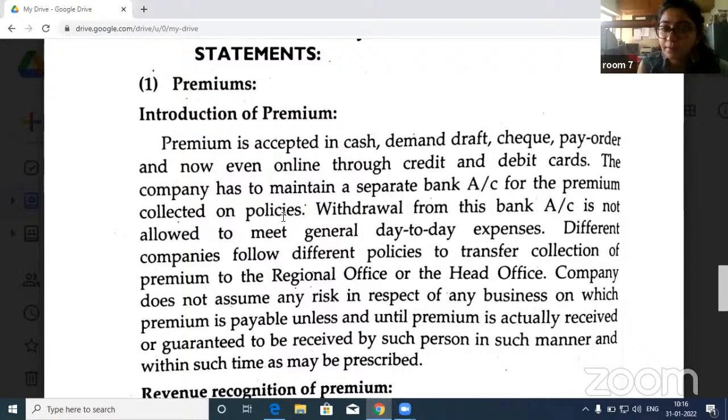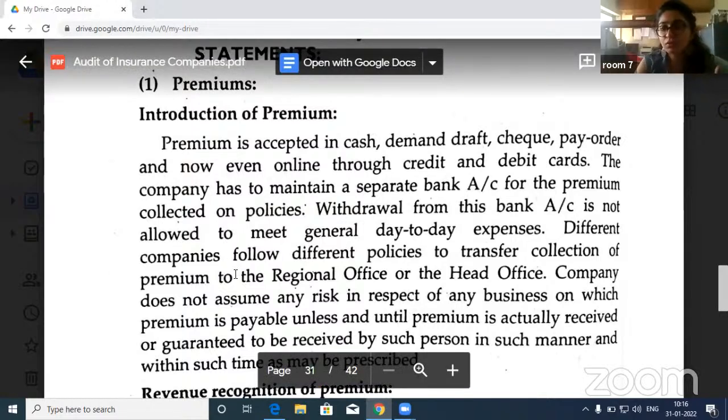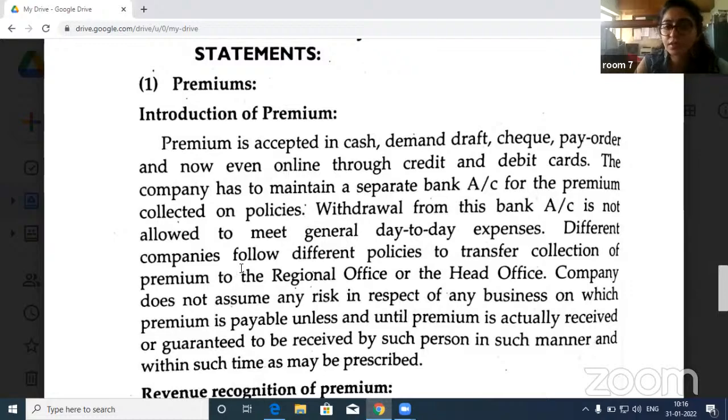Remember, students? And if it is non-marine business, other than marine, how much will you reserve for unexpired risk? 50%. Very good. So these are all the things you will check, being an auditor. That is what is written here.